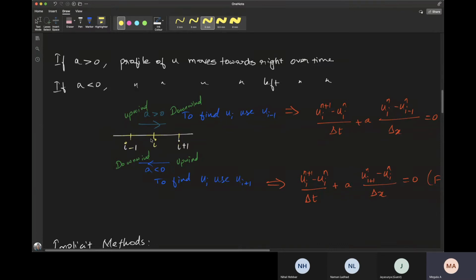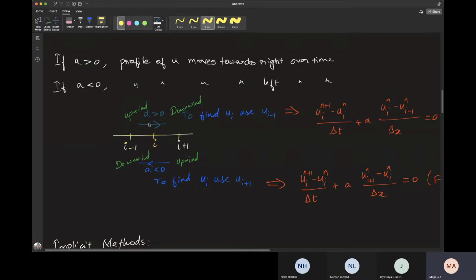For first order accuracy, I just require one point, that is ui minus 1. Suppose I need higher order accuracy, I'll consider i minus 2, i minus 3 also. We can do that as well. So this is the upwind point.